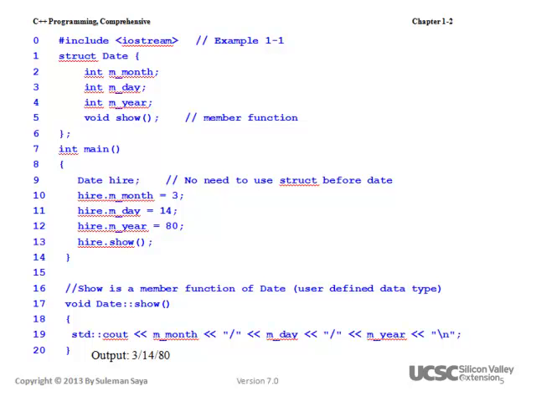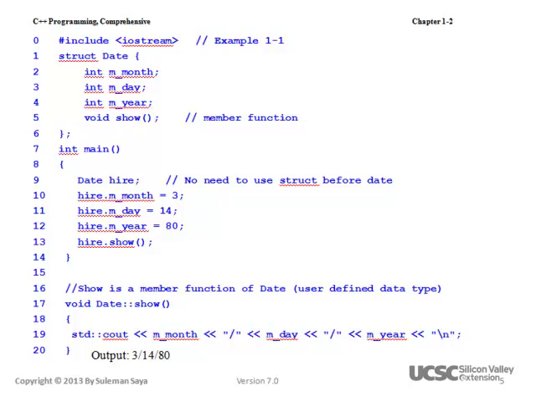So when you're doing the compilation, that's why you would not see any errors. The compiler must be told where this function belongs to, which struct or class this function belongs to.